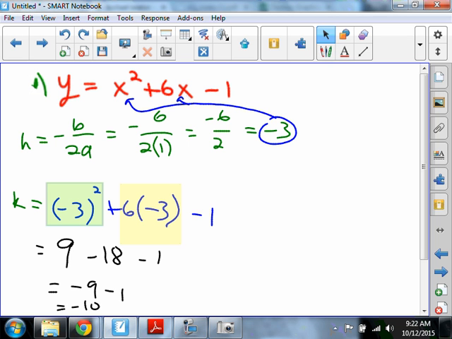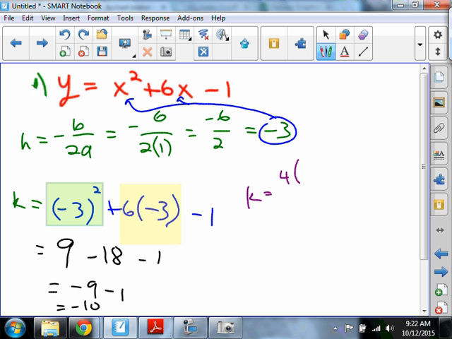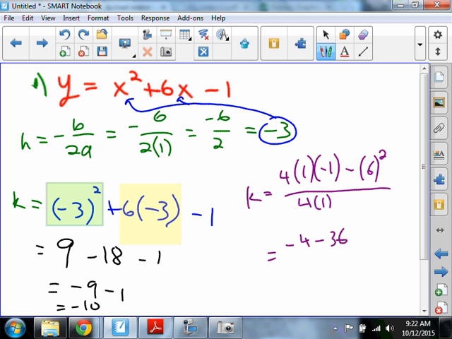Do you have to use that way? No, you don't. You could have used the other technique. Would you get the same thing? Of course you would. K is 4 times a times c minus b squared over 4a. That's -4 minus 36 over 4.